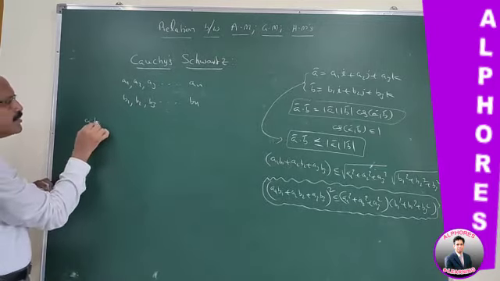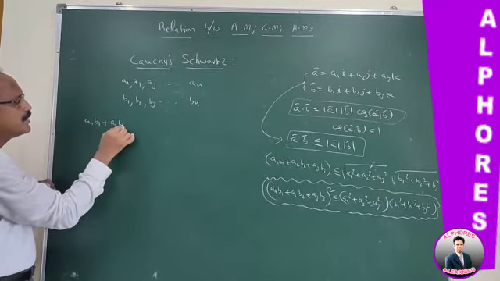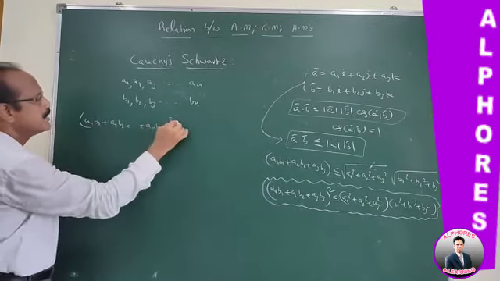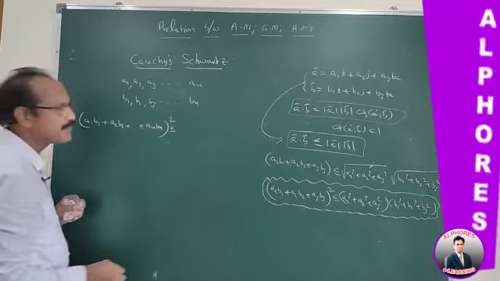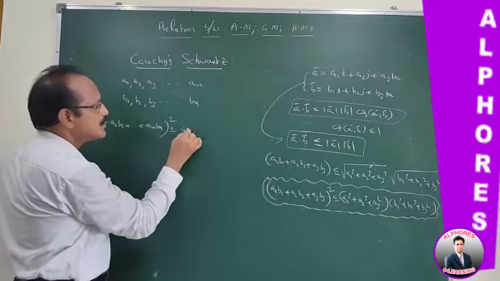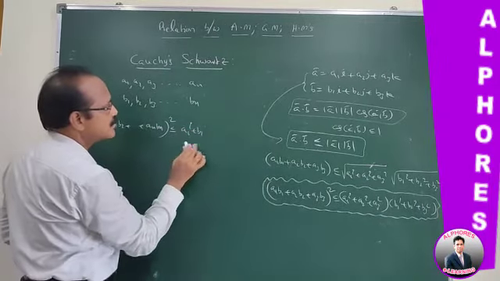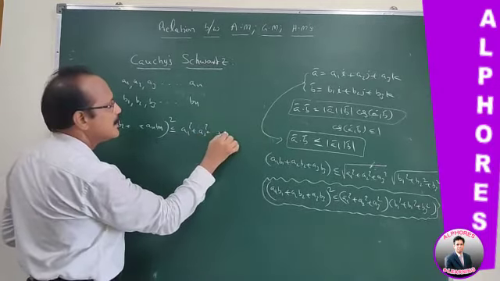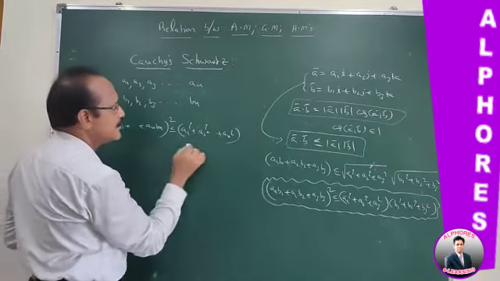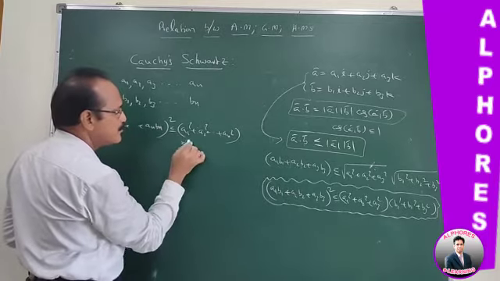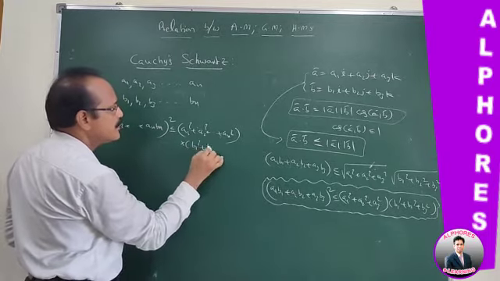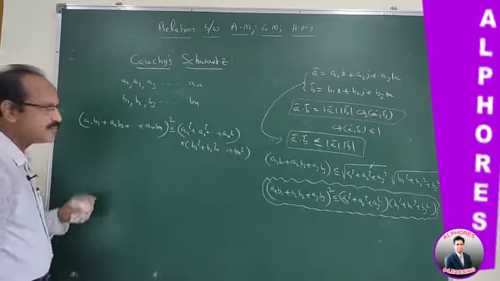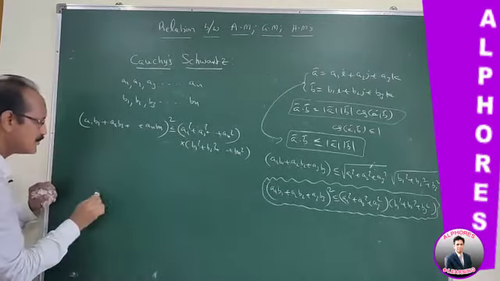(A1 B1 plus A2 B2 plus so on An Bn) whole square is less than or equal to (A1 square plus A2 square plus so on An square) into (B1 square plus B2 square plus so on Bn square).